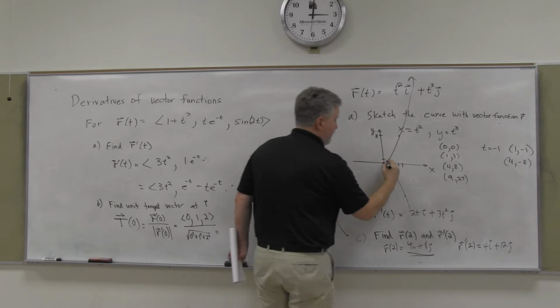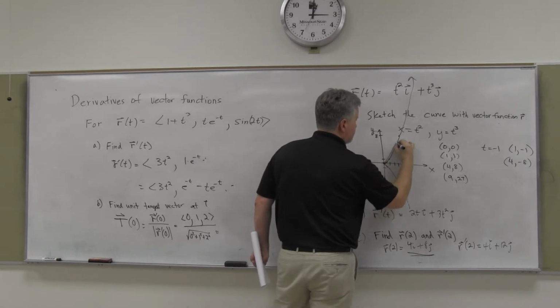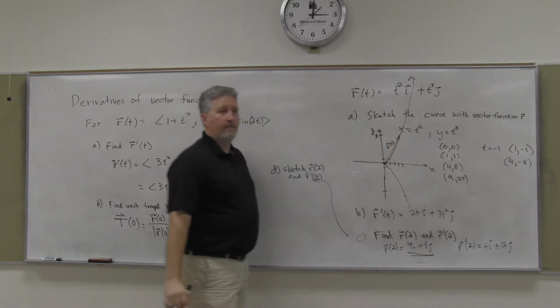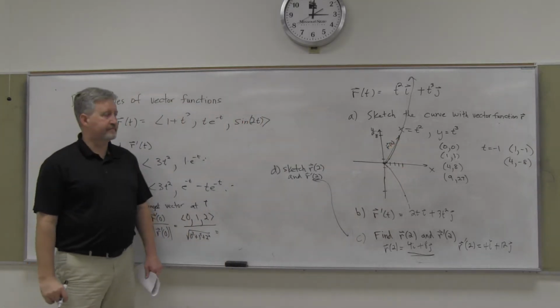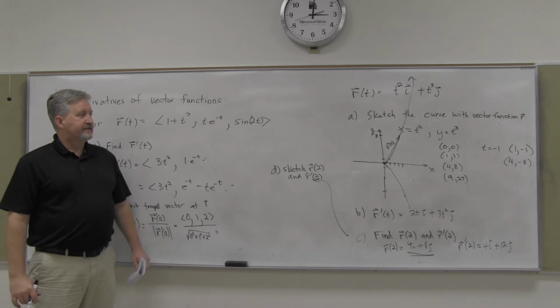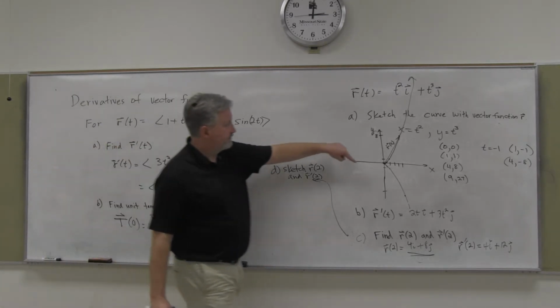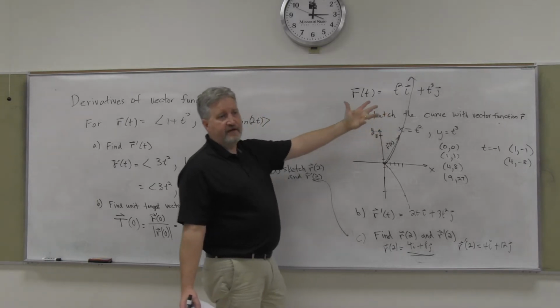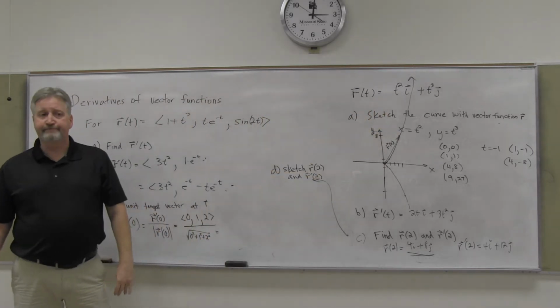But if you think about it, r of 2 is just going to be this, isn't it? I mean, we could put it anywhere, but it's just that vector that connects the origin to that. That'll be the terminal point.